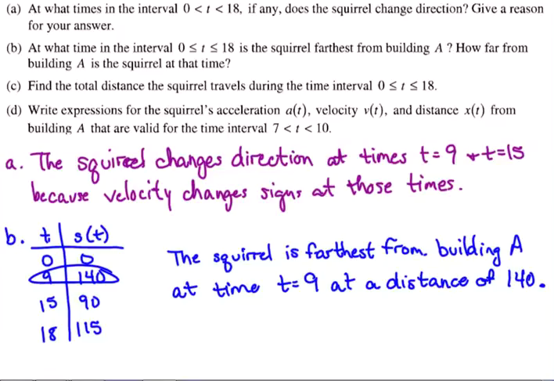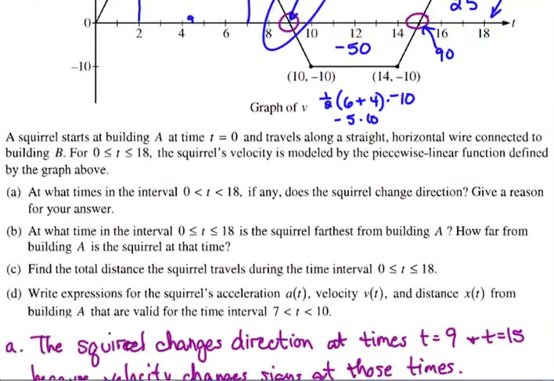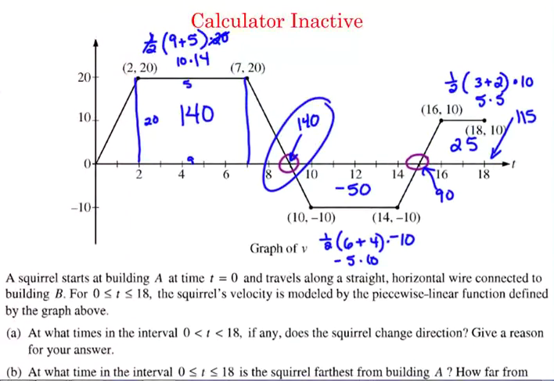But what if it said, how about other than when it starts, when is it closest to building A? Okay, other than when it starts, when is it closest to building A? Well, that would be at time 15.